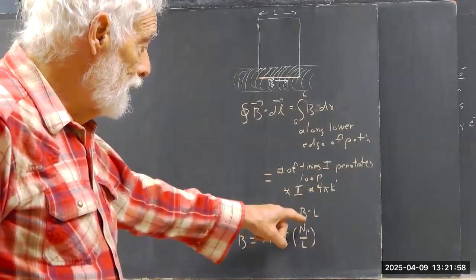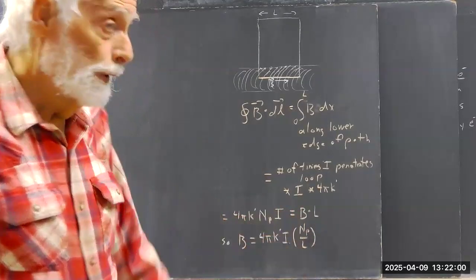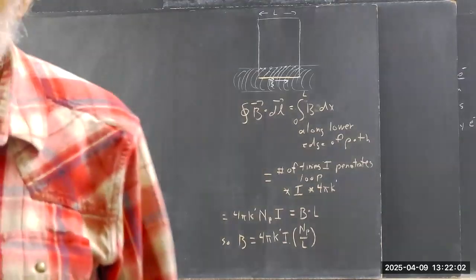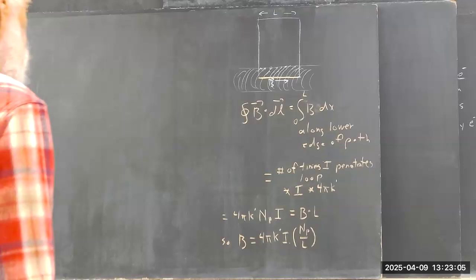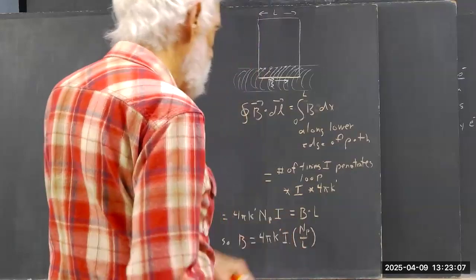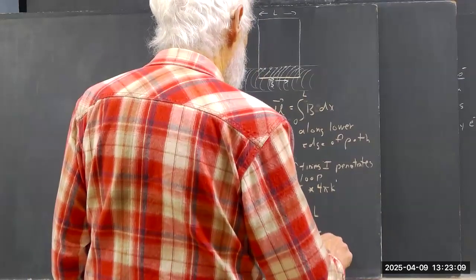This development ends up dividing the number of loops by the length. And now I'm going to look, because I don't even remember if they use a lowercase n or a capital N for the number of loops per unit length. So I'm going to cheat and take a look. Okay, so the only thing I didn't know is whether to use capital N or little n here.